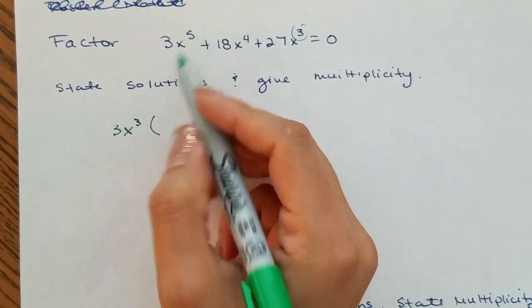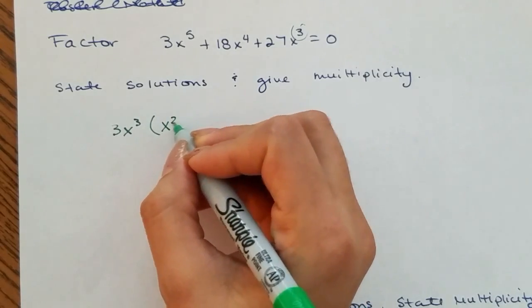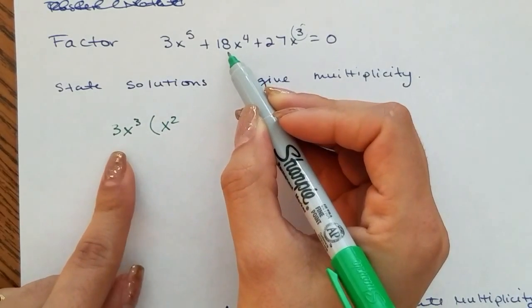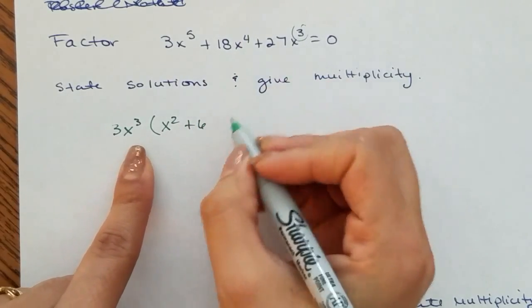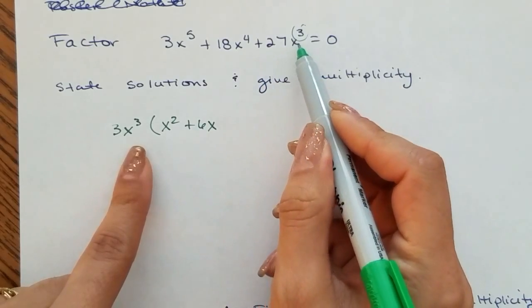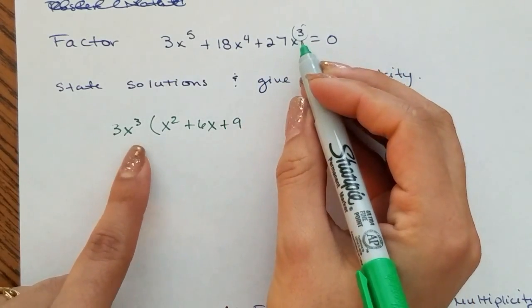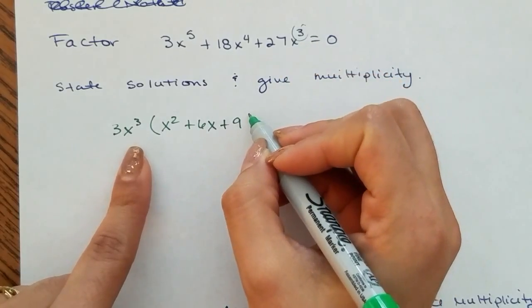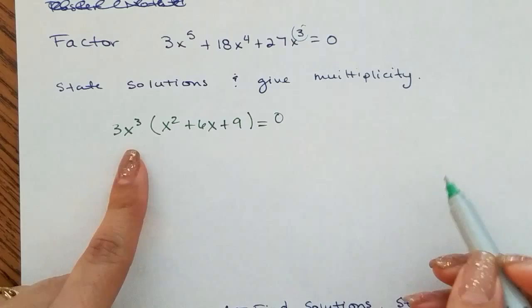So 3x to the fifth divided by 3x cubed gives me x squared. 18 divided by 3 is positive 6. X to the fourth over x cubed leaves me x. And then 27 divided by 3 is positive 9. X cubed over x cubed cancel, equals 1. All of this is equal to 0.